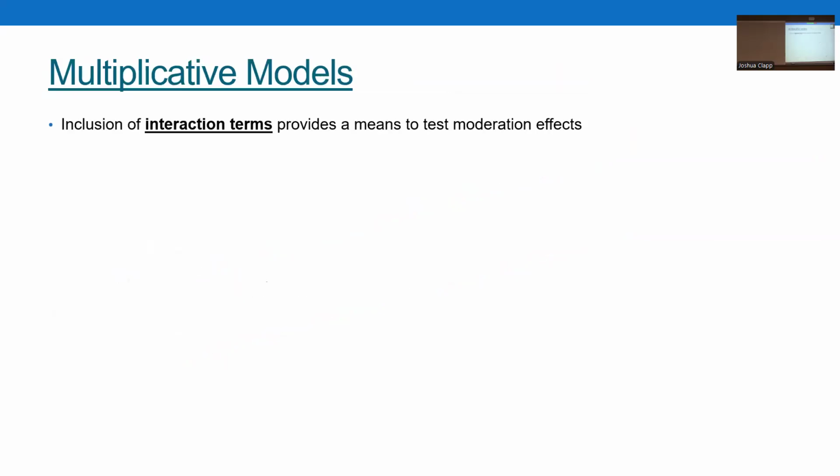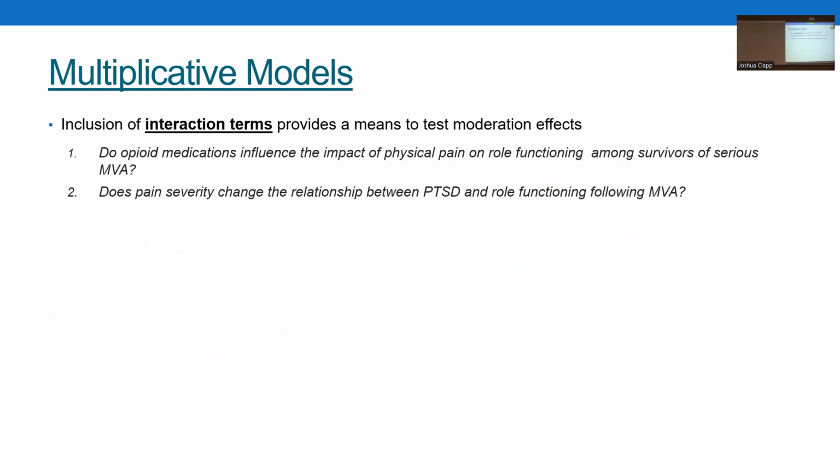Okay. So what we need to do if we're wanting to test moderation questions is we have to start to include some interaction terms, okay? So let's say we've got 2 questions. We want to know whether or not opiate medications impact the relation of physical pain on role functioning in survivors of serious accidents.